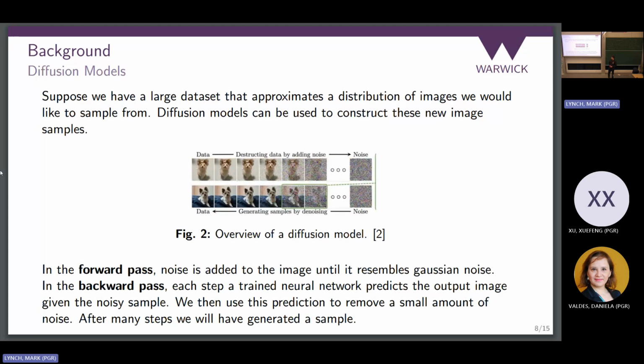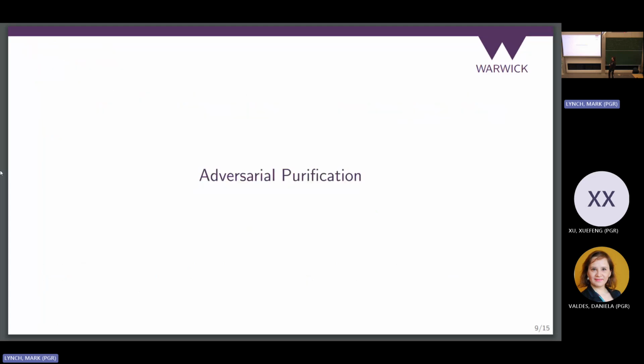So what a diffusion model is learning to do is find a path from pure Gaussian noise on one side to the distribution of images on the other. It's learning to find a path between these two distributions. Okay, cool. So that's all the background anyway.